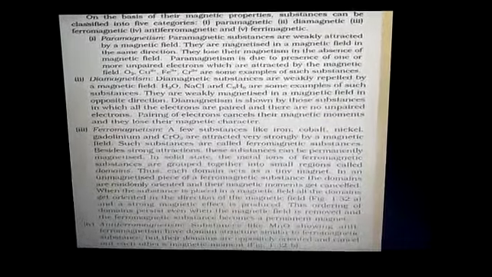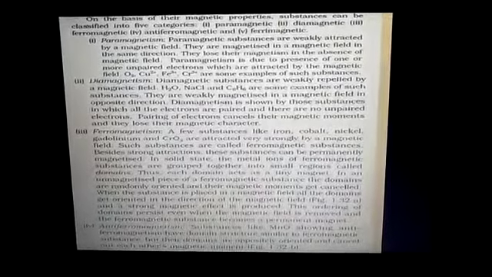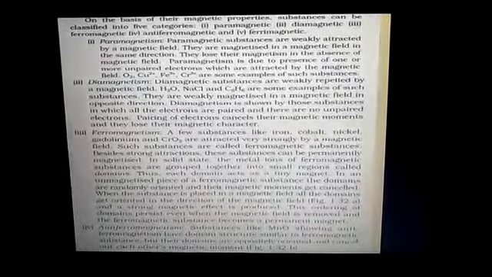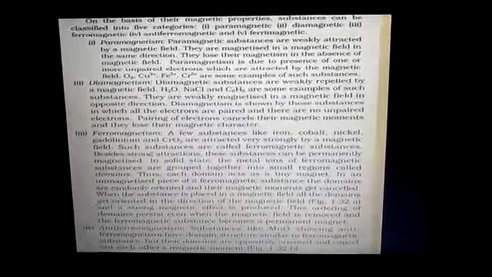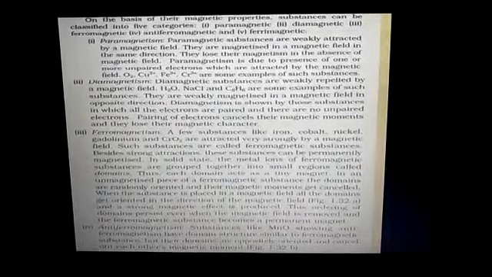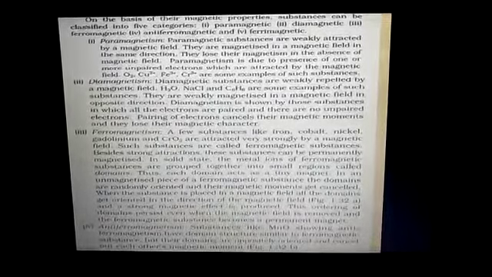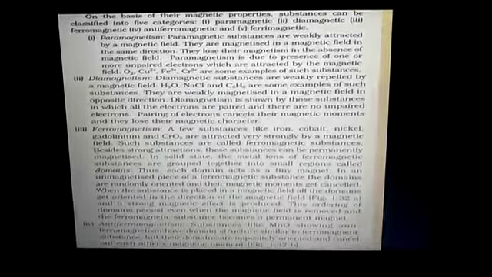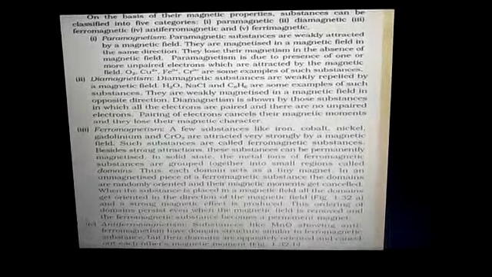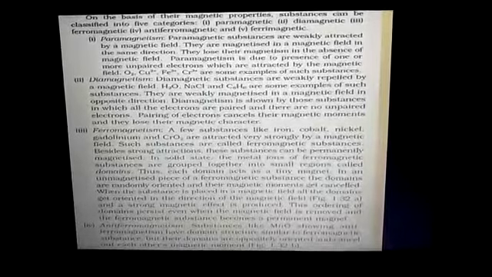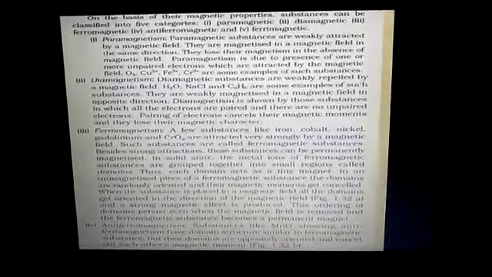Antiferromagnetic substances. The substances which are expected to possess paramagnetism or ferromagnetism on the basis of the magnetic moment of the domain, but actually possess zero net magnetic moment, are called antiferromagnetic substances. Example: MnO.